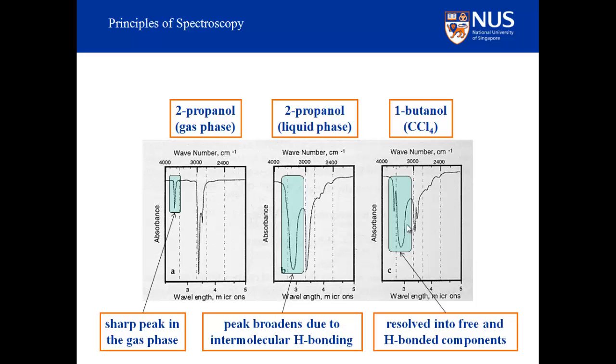Some butanol molecules, which are essentially isolated, give a sharp spectral feature at frequencies associated with gas phase OH stretches, and then there are butanol molecules which are interacting with one another and hydrogen bonding between them, which leads to a much broader band. So we get a sharp peak in the gas phase here, a broad peak, and at a lower frequency because of intermolecular hydrogen bonding in the liquid phase. But when we have one butanol in a non-polar solvent, like carbon tetrachloride, we are able to resolve both the free butanol molecules and also the hydrogen bonded butanol molecules.